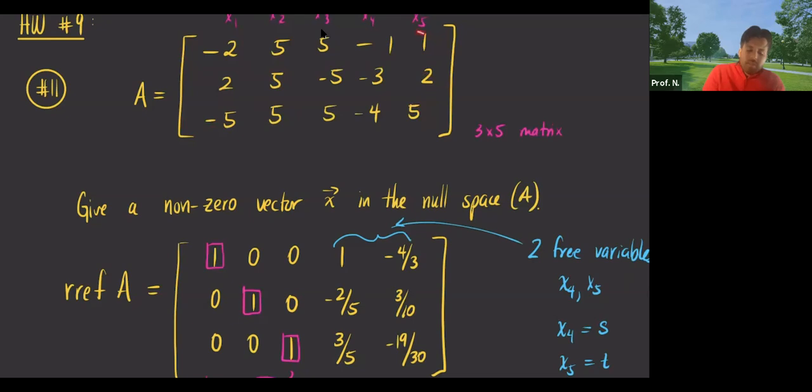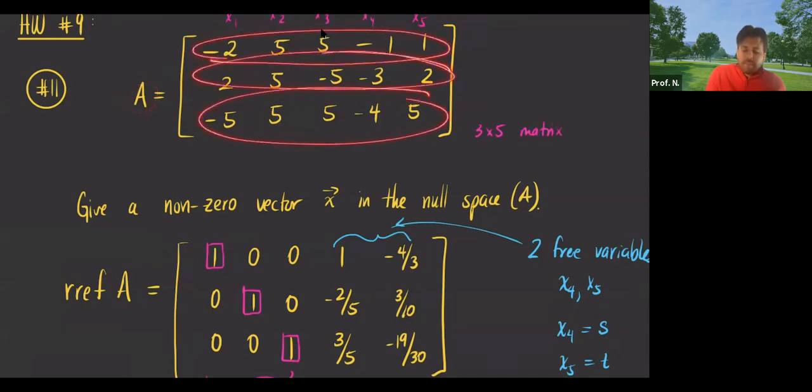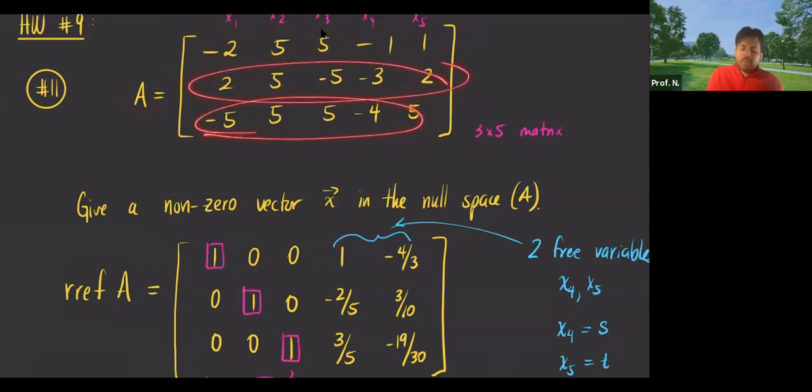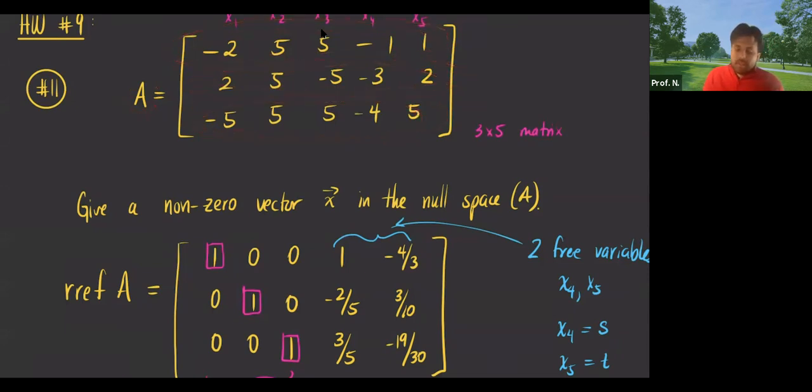So these row vectors are a basis for the row space of A. If you want to look at the row space of A, take these three vectors and take any linear combination. Take the span of these linearly independent vectors and you create the row space.